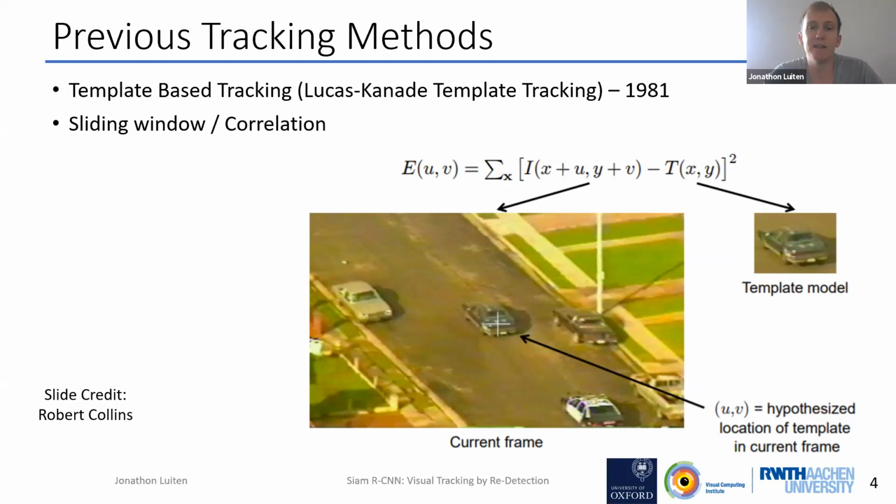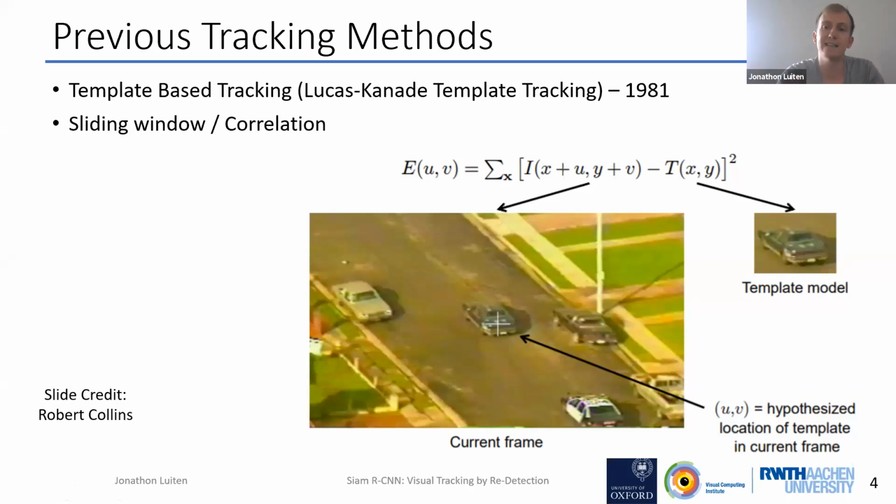One simple way to explain this idea is, we have this equation here, this energy function, and we can evaluate this. We have an image, the current frame, in which we're trying to find the object, and a template, say the object in the first frame, what we're given and trying to track. One way to do this is to simply take this template model and correlate it across different positions on the image, in a sliding window approach.